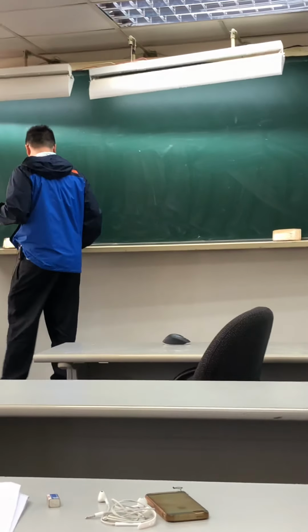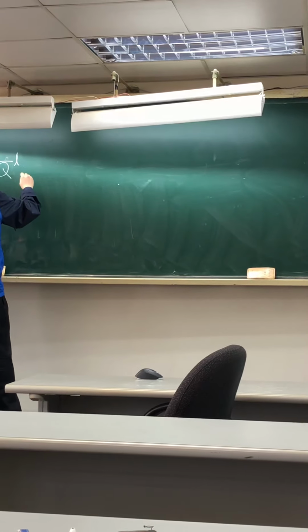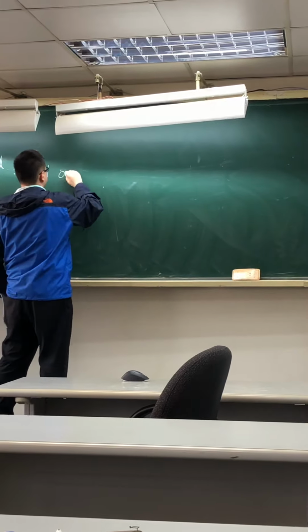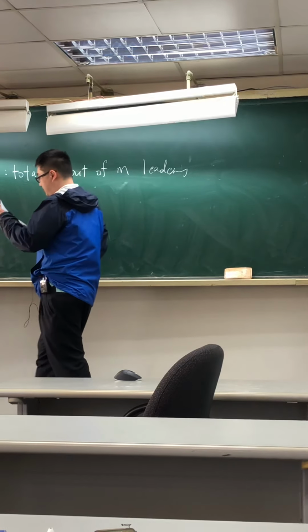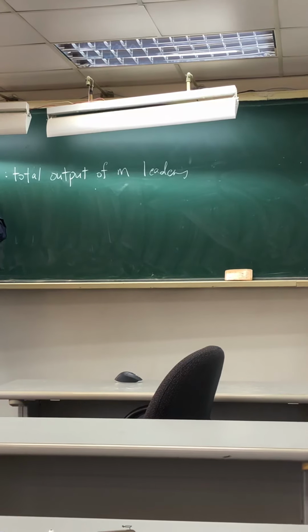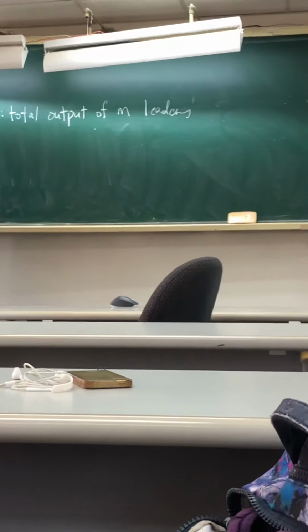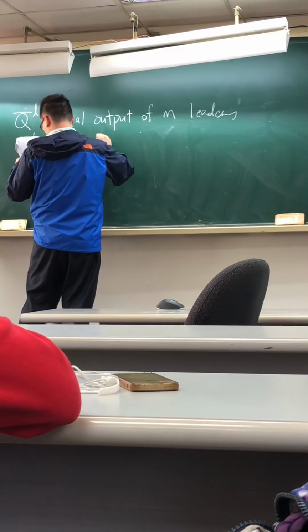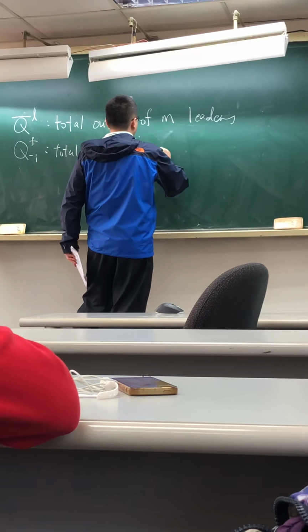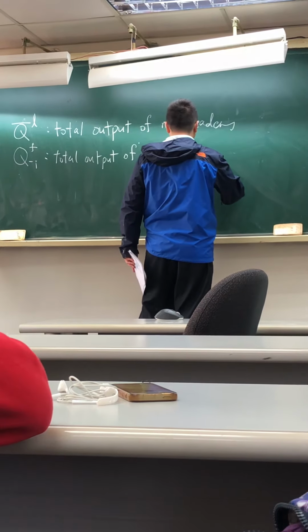Let me introduce some notations to you in which let Q bar superscript L stands for the total output of n leaders, and capital Q F negative I stands for the total output of n minus m, the total number of followers, but excluding yourself, becoming n minus m minus 1 followers.